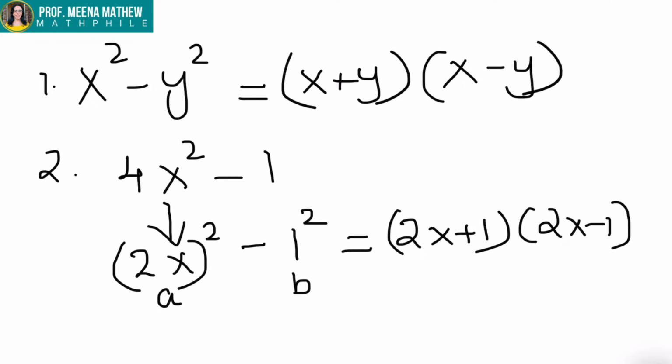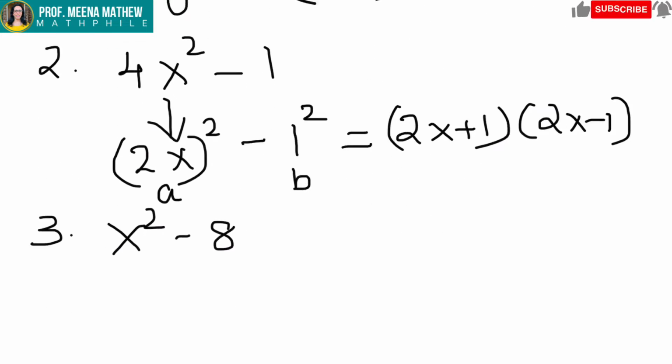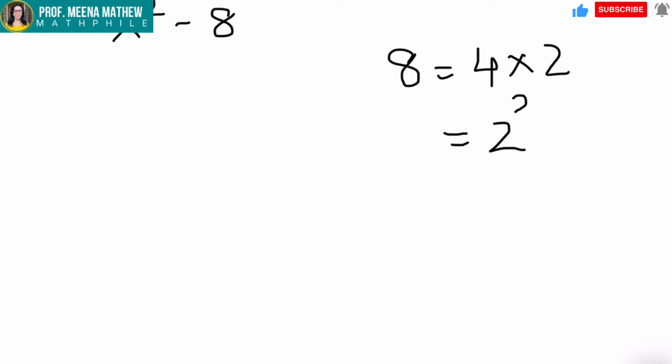Third example. X square minus 8. Before we begin factorization, let us simplify 8 because 8 is not a perfect square. 8 equals 4 times 2. We can write 2 square times square root of 2 square.